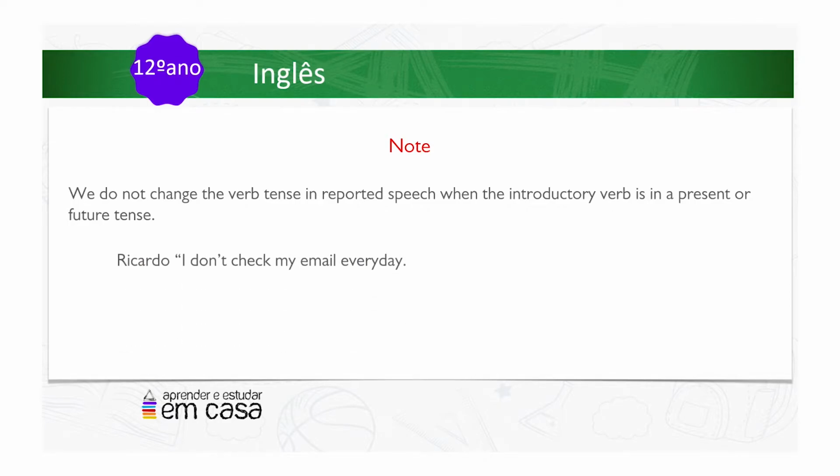Here, Ricardo says, "I don't check my email every day." This is between quotation marks because it's Ricardo speaking. And Ricardo says, so here the reporting verb is in present simple, and it remains the same, the present simple. I don't check, he doesn't check his email every day. There are some changes in the sentence, but not in the verb tense.